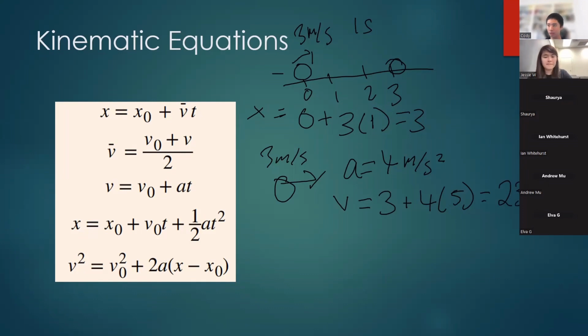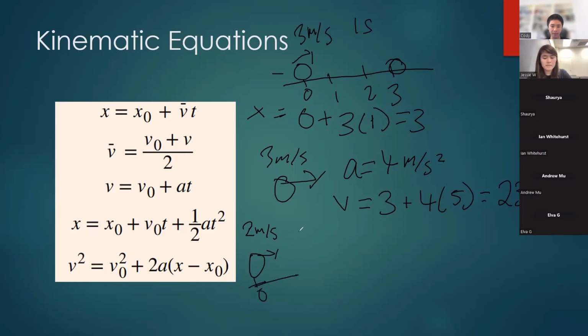And then the fourth equation is to find the distance an object travels, if you're given the initial position, initial velocity, time, and acceleration. Say there's an object that starts off at 2 meters per second at position 0, at the origin or whatever.